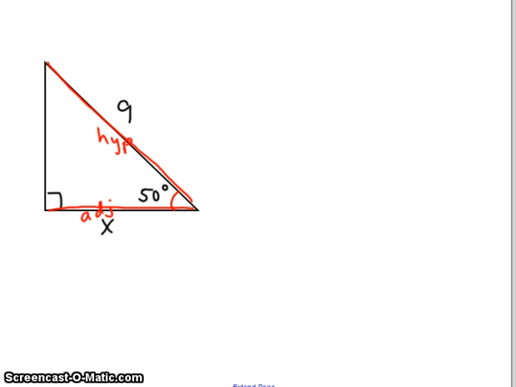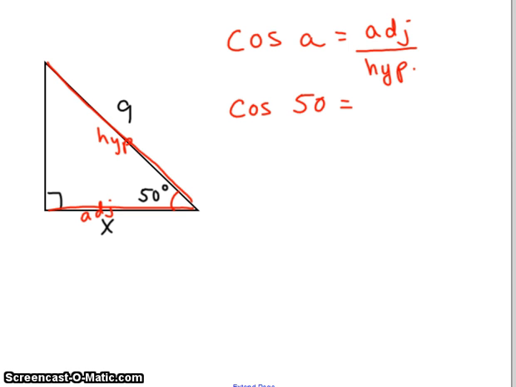All right, which trig function is adjacent over hypotenuse? That's not tangent. That's cosine. All right, cosine of the angle equals adjacent over hypotenuse. So cosine 50 equals the adjacent side over 9.